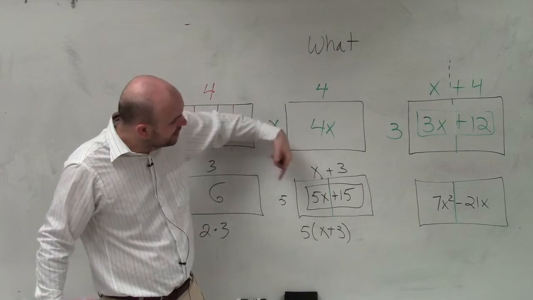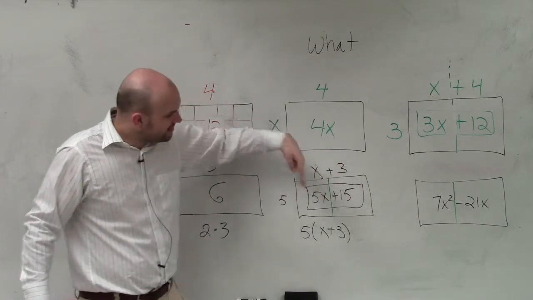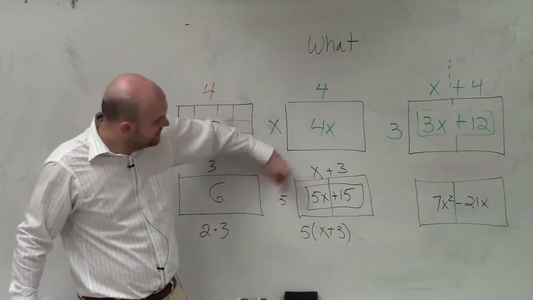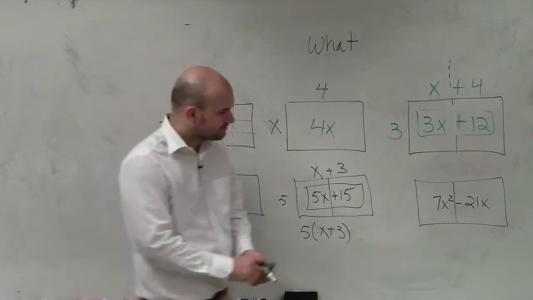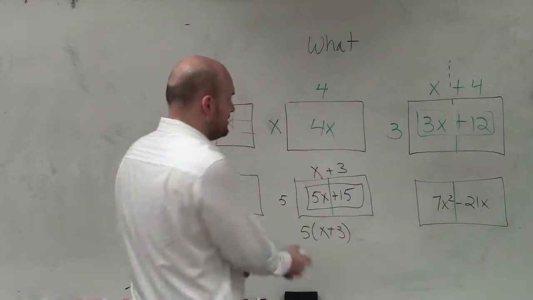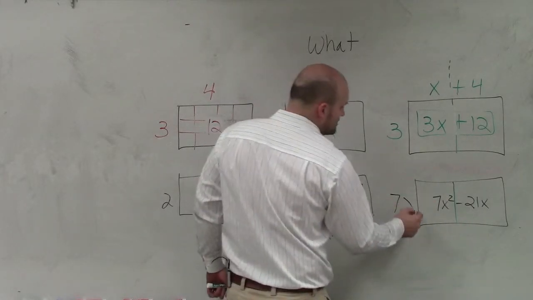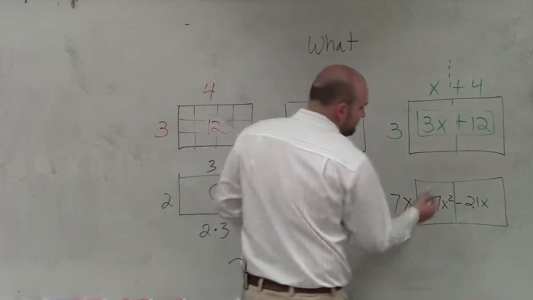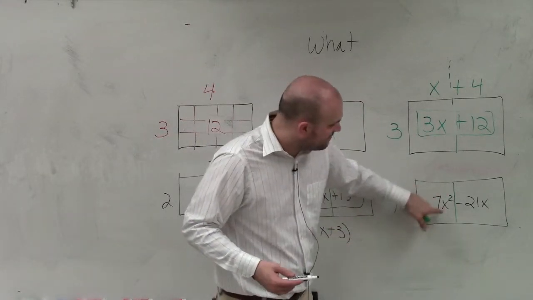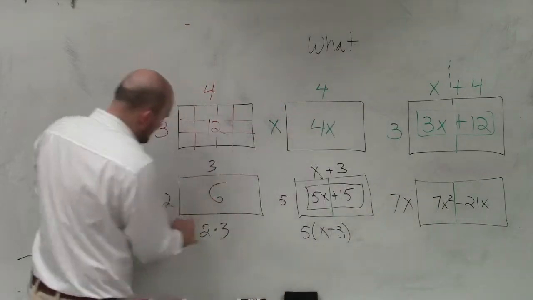I can find another number that multiplies to give me 5x plus 15. Basically what I did is I divided both of these terms by 5 to get x plus 3. Over here, again, I want to determine what divides into both terms. We know that 7 divides into both of those terms, but so does x. To find my other term, I use division to find the other side length, just like when I had 6.